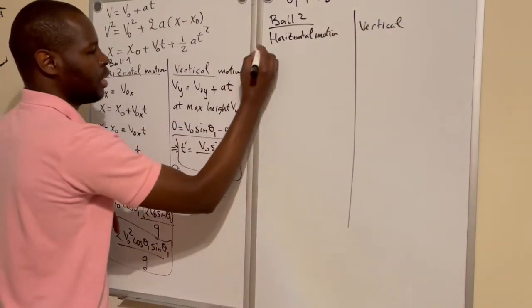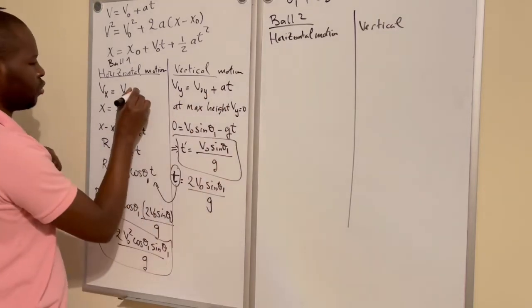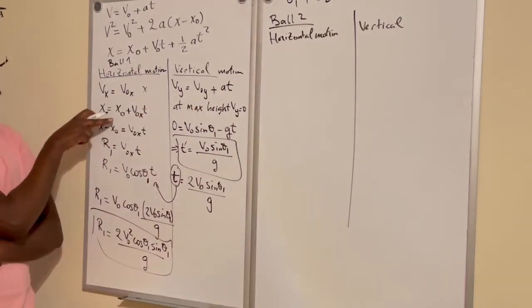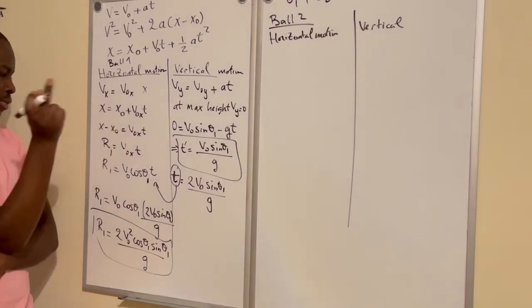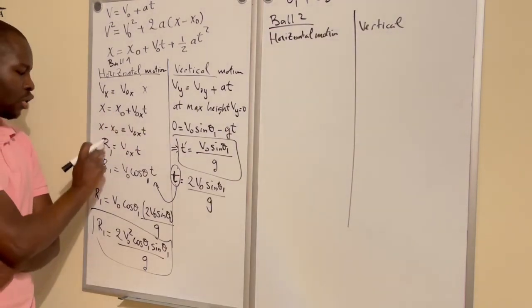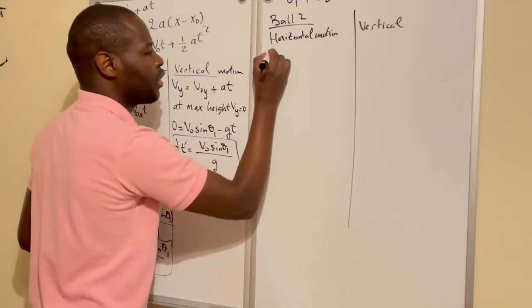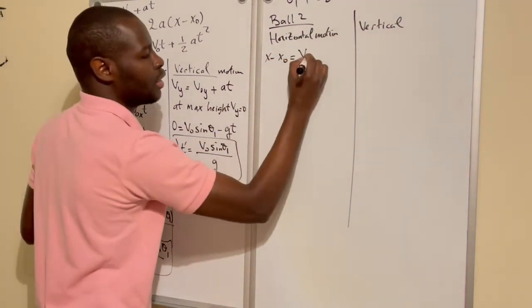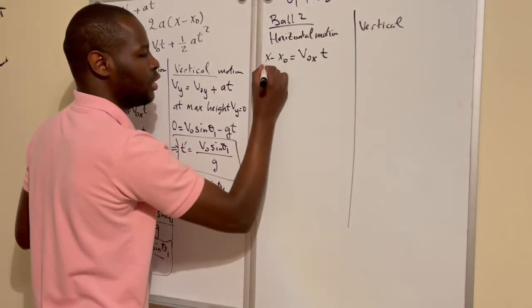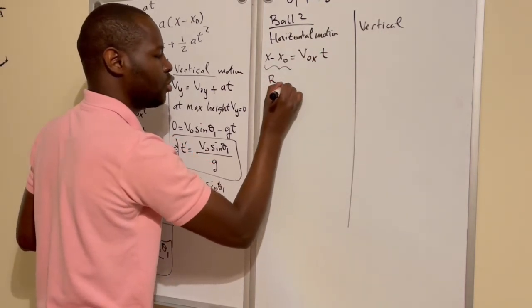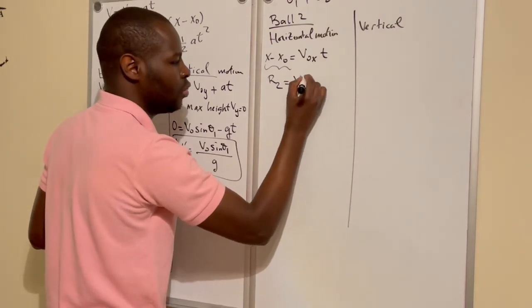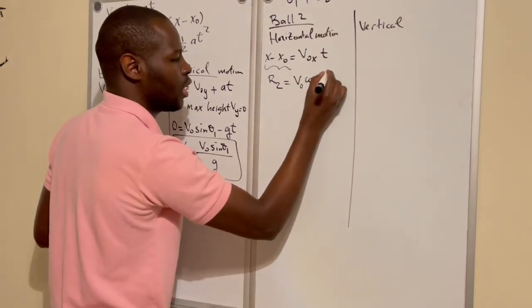So here, same thing. We know that this is not very useful, but we know that the second part, x equals x0 plus V0x t, is what we need. That would give us R1, R2. So x minus x0 equals V0x times t. This is now going to be R2 for the second ball. V0x is V0 cosine theta times t.